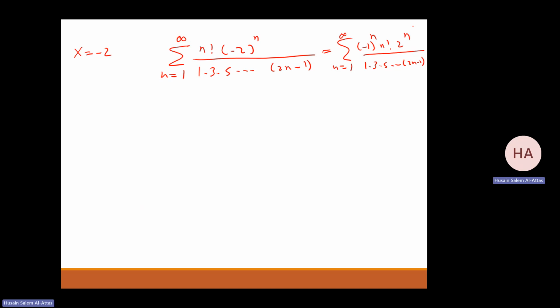These things are greater than 1. So the limit as n goes to infinity of these things is impossible to be 0. Actually, it doesn't exist.